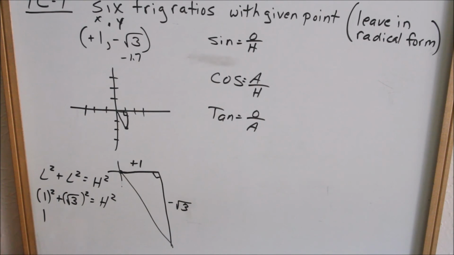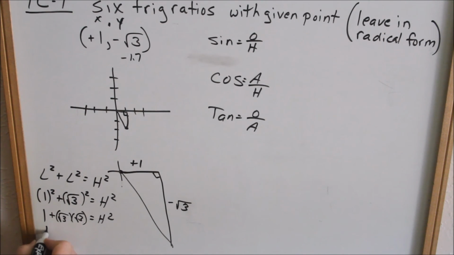1 squared is 1. Square root of 3 squared. Okay, just let me write it out so you can see. Square root of 3 times square root of 3. What is square root of 3 times square root of 3? That is square root of 9. Square root of 9 is just 3. So when you do a radical times itself, it's like the radical cancels.